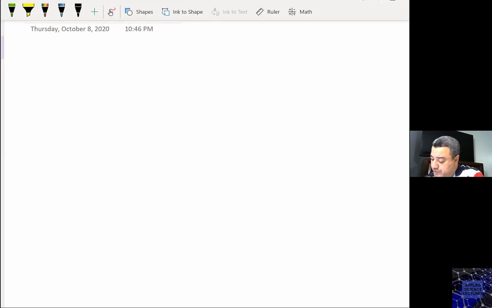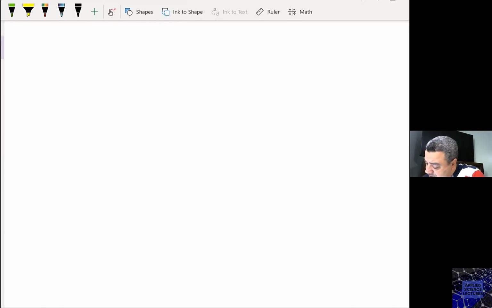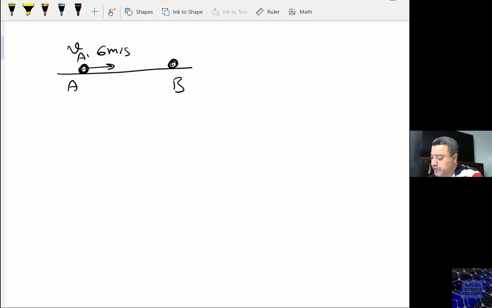If I am to draw the cases, this is, let me call this one A, this one B. This one is coming with 6 meters per second, so let me call this one VA1.